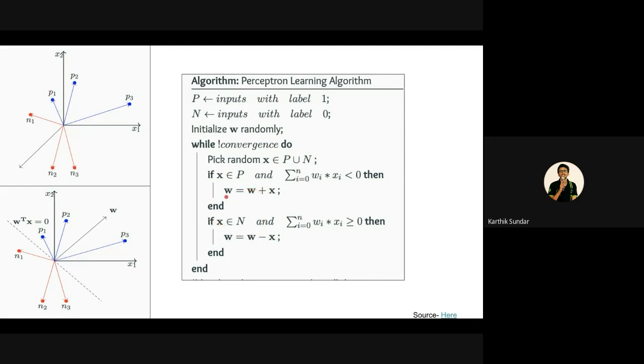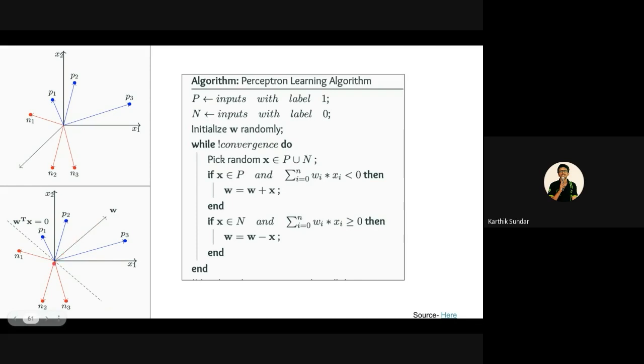When you do a vector addition, W equal to W plus X, it pulls the separating hyperplane towards the positive points, and for negative points, it pushes the separating hyperplane away from the points. So what in turn it does is, it wants to come up with the W in such a way that the line for which it is the slope is going to be an optimal hyperplane. Let's imagine, right?